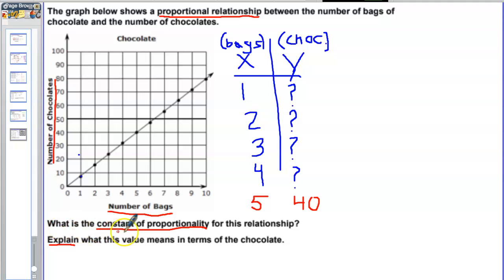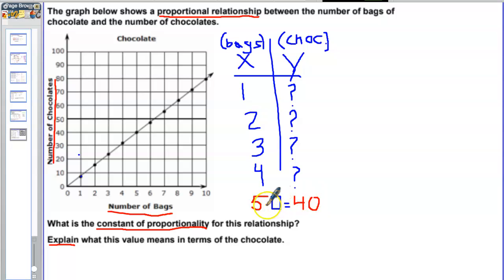And remember, the constant of proportionality is the number that we are multiplying by to get from our x values to our y values. What am I multiplying 5 by to get 40? Remember, we can use the inverse operation.